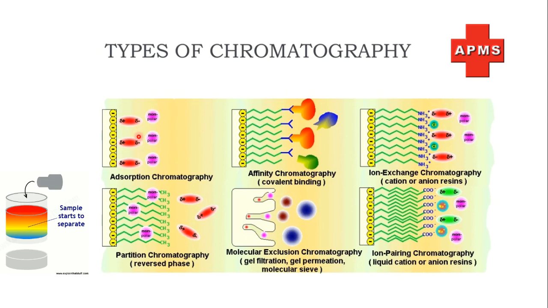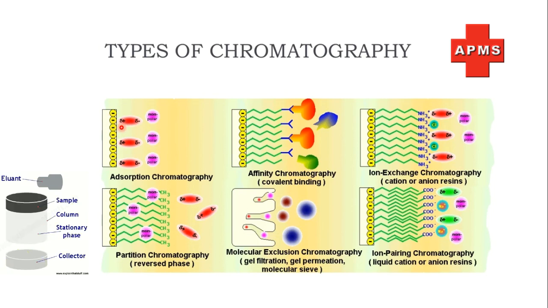mixed with this phase. Now these sample molecules interact with this stationary phase, and here only a physical type of interaction takes place. We can see that this positive charge is very close to this negative charge of this stationary phase, positive charge of sample molecule and this negative charge of the stationary phase molecule.